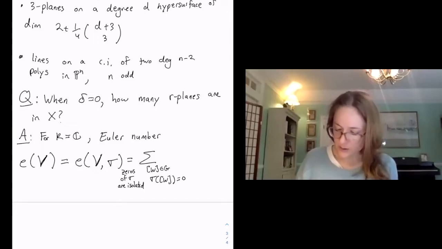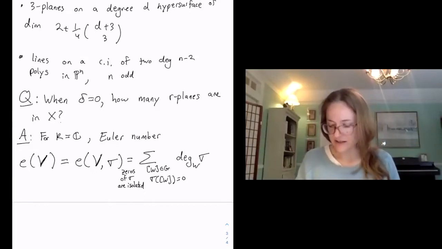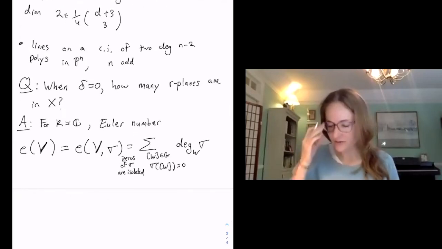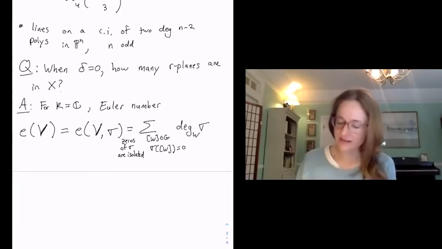And it's of some local degree. We can view a section of a vector bundle as a function locally, a function from C to the dimension to C to the dimension. C has a nice orientation fixed on it. And then we can take the topological degree of a map of small balls.